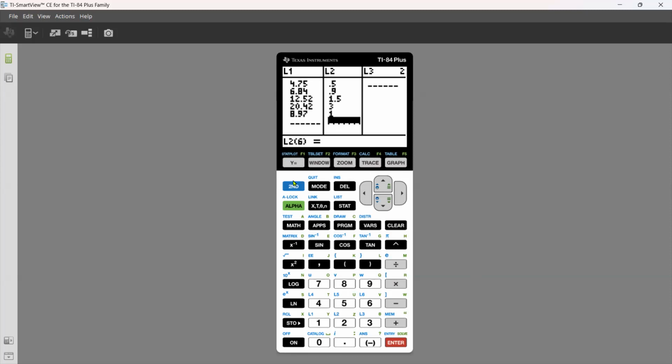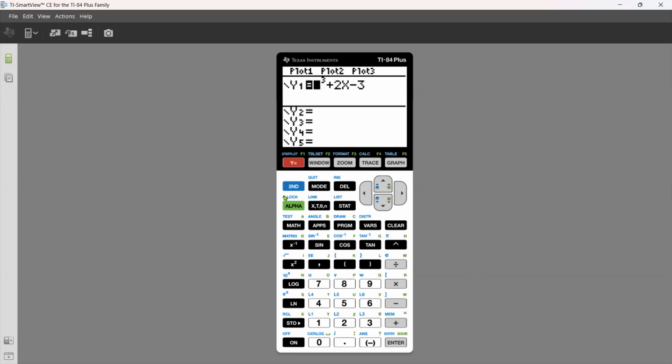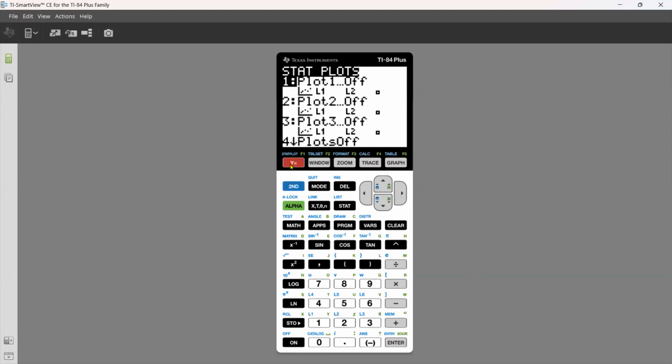So you're going to go to second, stat plot, second, and then y equals right here. You should get a menu.